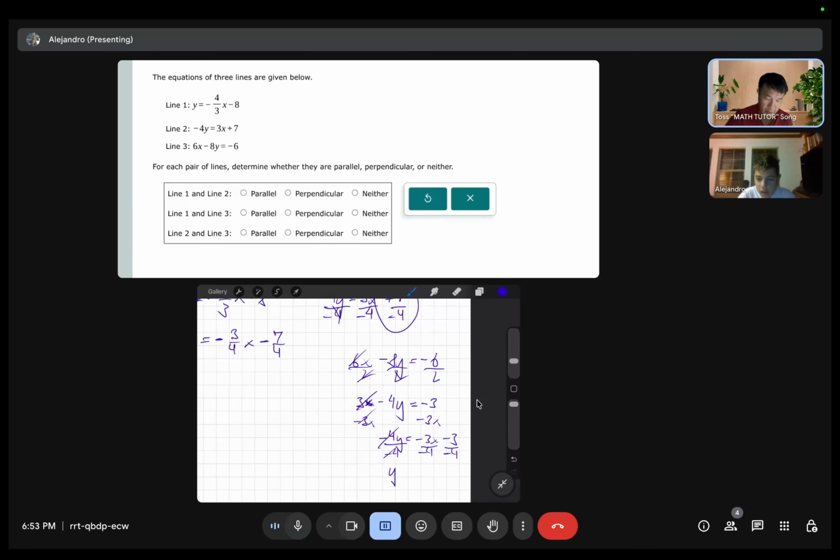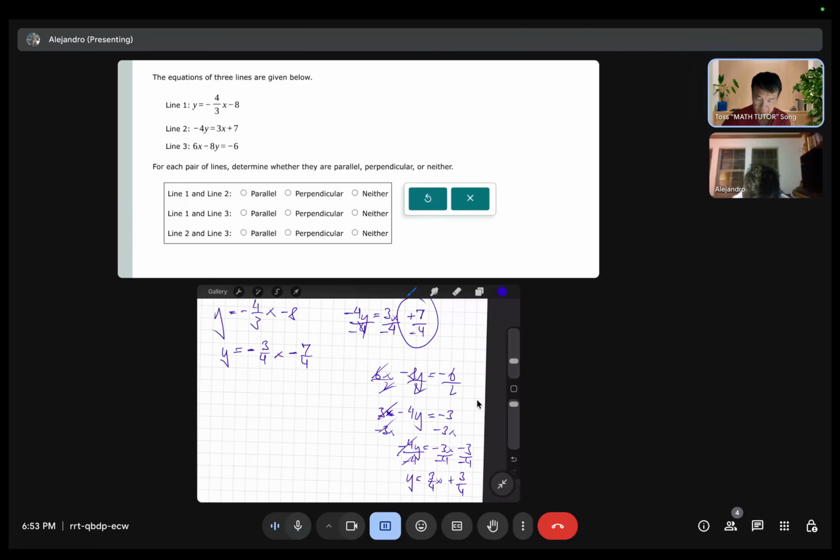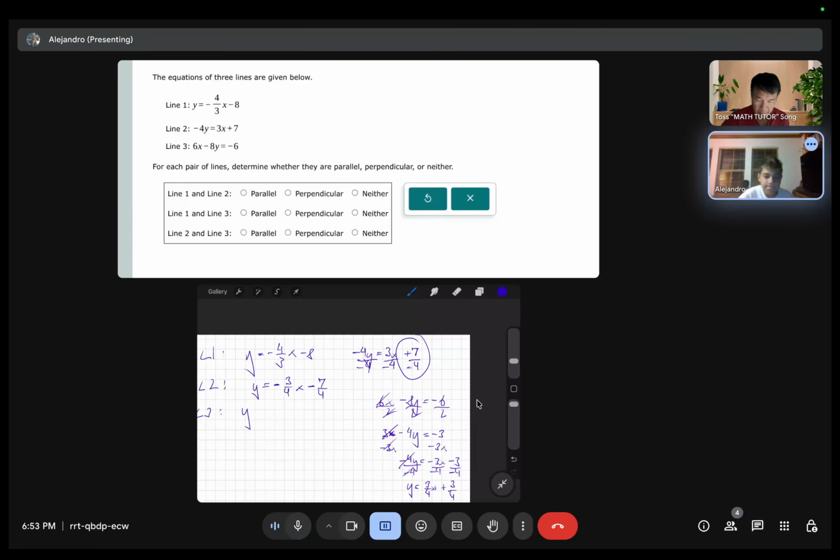So I get y, and this becomes a positive 3/4. And the last one here, it's a plus, so it's plus 3/4. So here's your line 3: y equals positive 3/4 x plus 3/4 for the y-intercept. We don't care about the y-intercept here anyway.